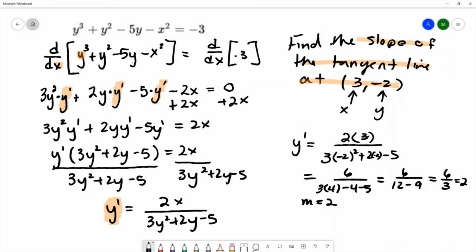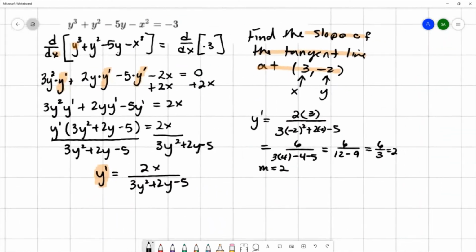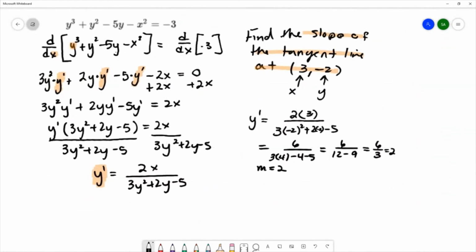And then we can take it a step further and find the equation of the tangent line. And the equation of the tangent line, we'll use the point slope form, y minus y1 equals m times x minus x1. And I'll substitute the slope that we calculated along with the ordered pair that was given.